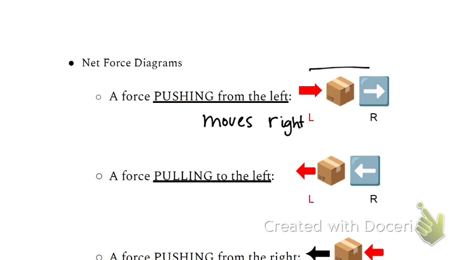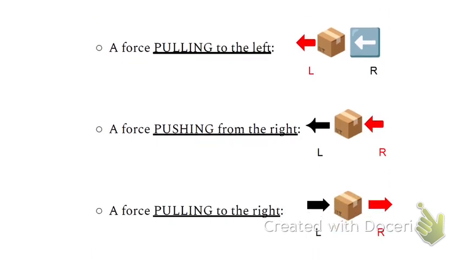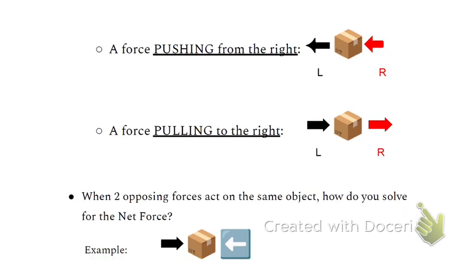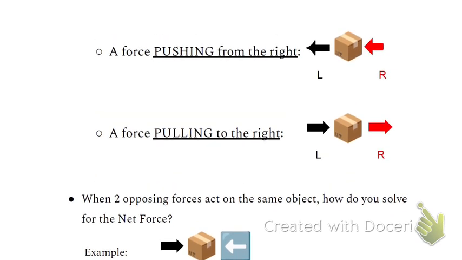The top one moved right because we were pushing it that direction. If you're pulling, it's going to move left. If we push from the right, which way is it going to move? Left. And then if you pull from the right, it's going to move right.